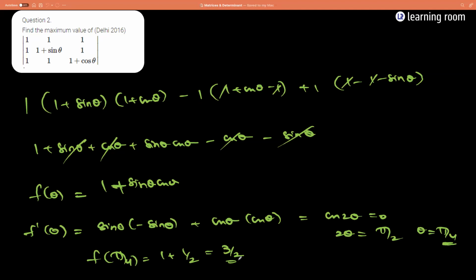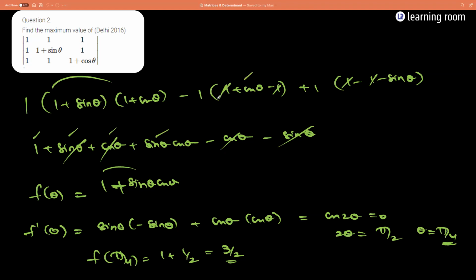1 plus sine theta, 1 plus cos theta minus b. Okay, that only I added, no, 1 plus sine theta cos theta. No, sir, in the first step, 1 into 1 plus sine theta multiplied by 1 plus cos theta, and then minus 1 will come. 1 plus sine theta plus cos theta plus sine theta into cos theta, 4 terms, minus 1 into 1 plus cos theta minus 1.